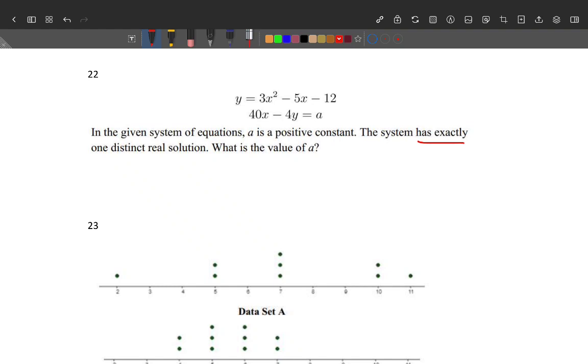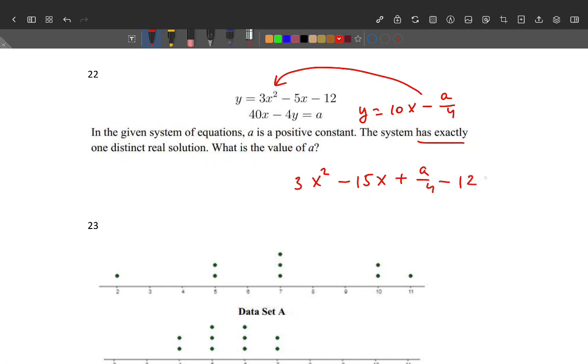Exactly one solution system. Because of this from here I find y is equal to 10x divided by a4. I think it's true. Yes, I put here, it means 3x squared negative 15 will be plus this negative 12 should be 0.